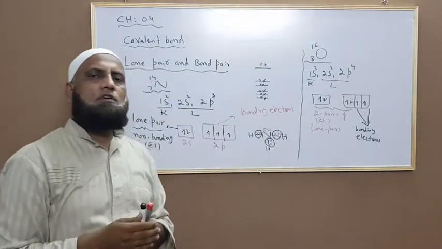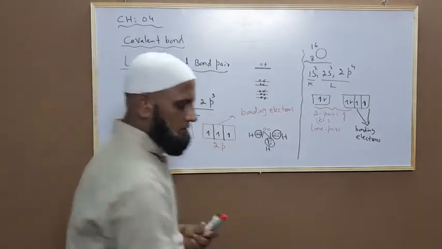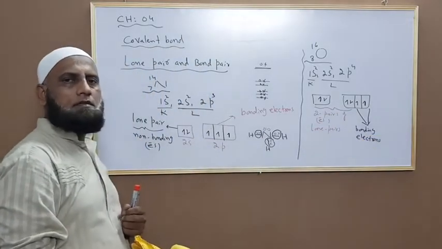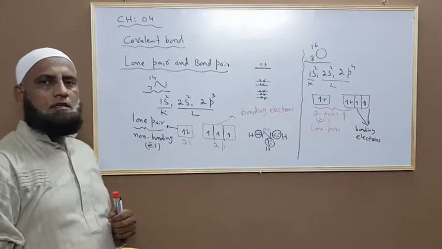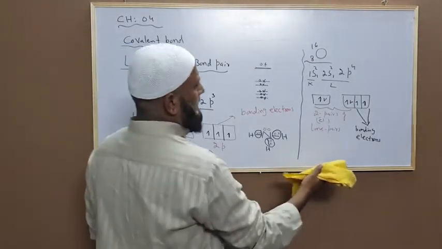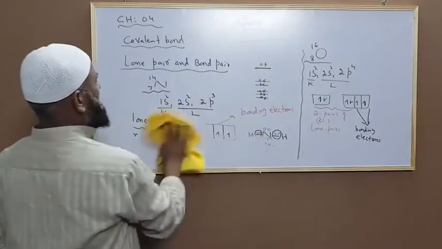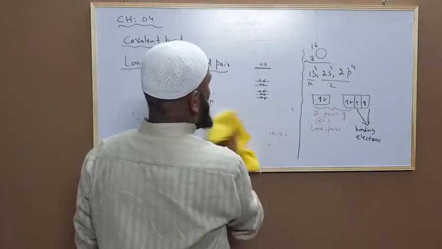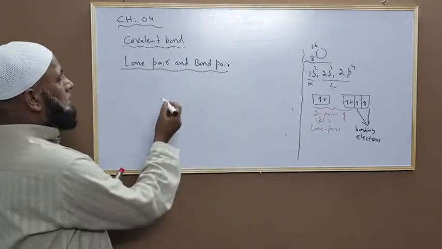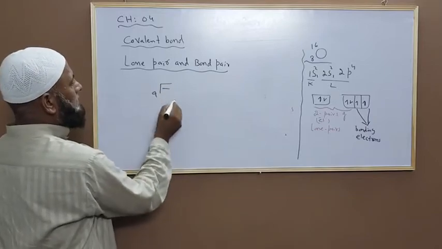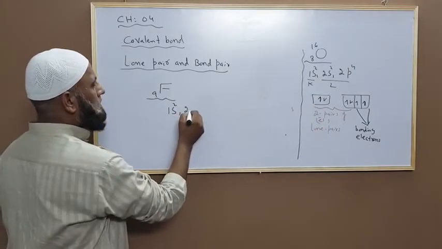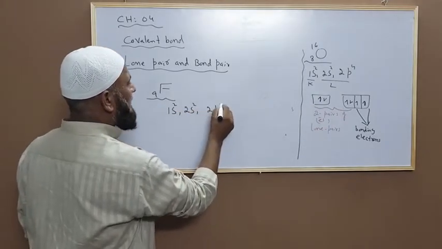Similarly, in the case of fluorine, I hope you have noted it. Please note this. Let's take the example of fluorine. The atomic number of fluorine is 9. The electronic configuration of fluorine is 1s2, 2s2, 2p5.